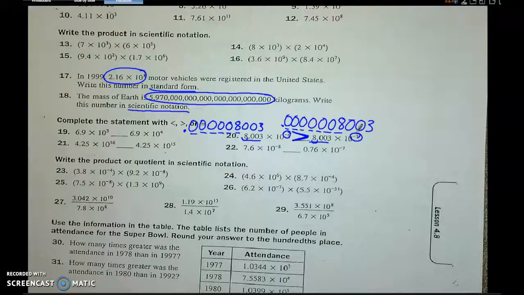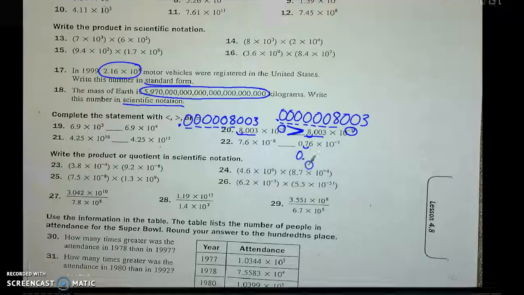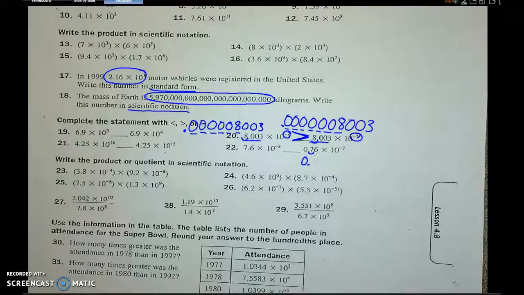Okay, number 22, my coefficients aren't exactly identical. I'm going to need to move my decimal over 1 spot and make that, I'm sorry, not 0, I'm going to have to make it 7.6. And when I do that, okay, I had to move it over 1. So that would be a plus 1.